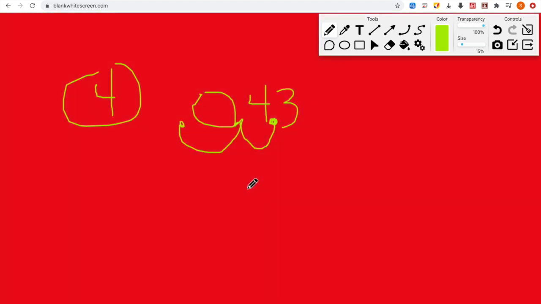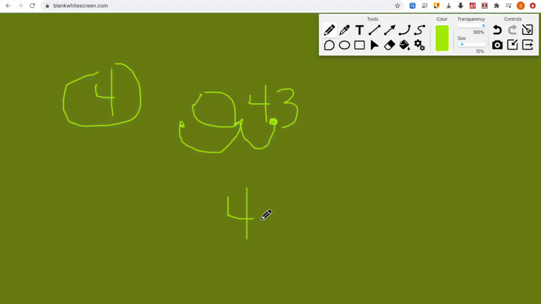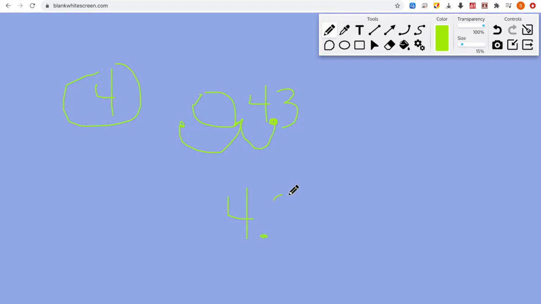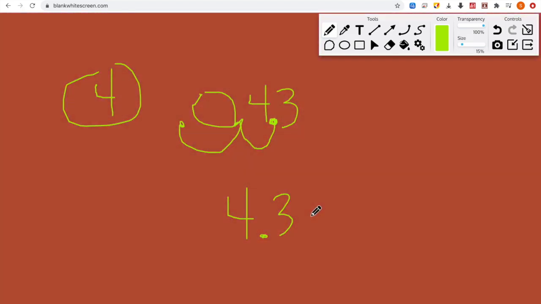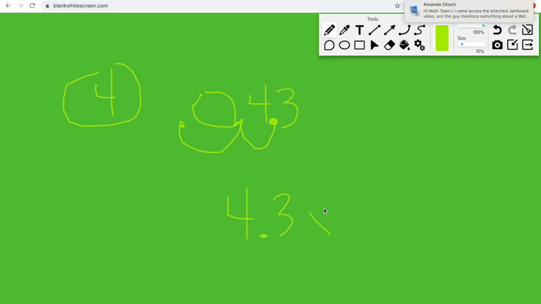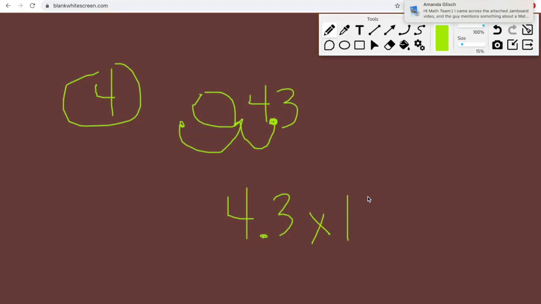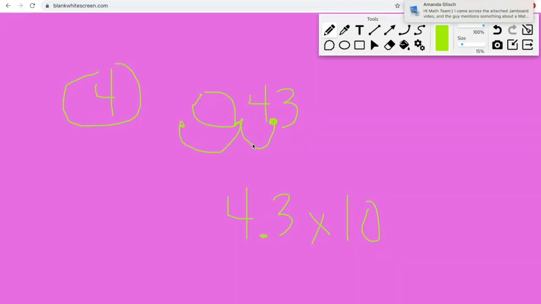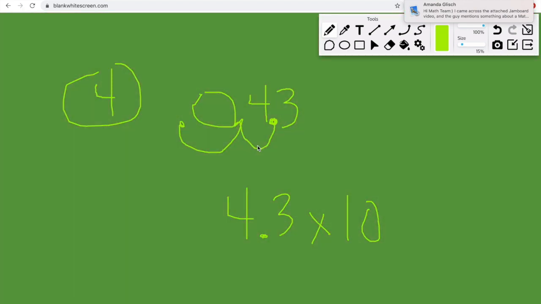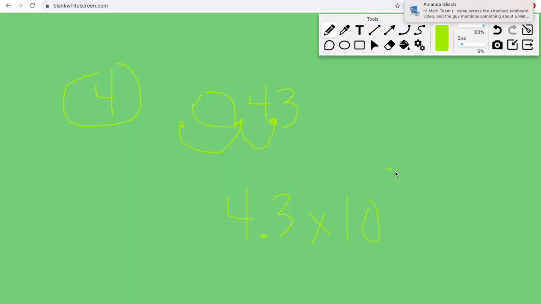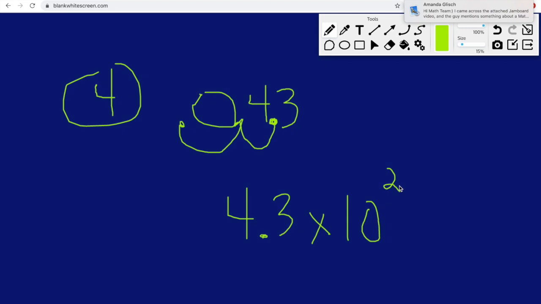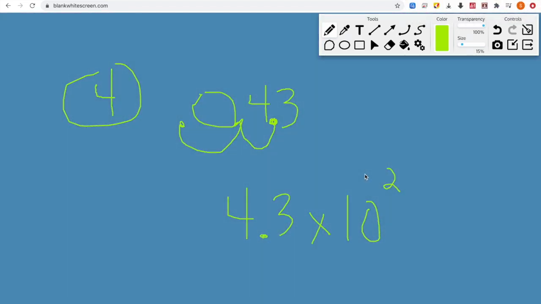Now the number in front of the decimal is between 1 and 10. So once again, I'm going to rewrite it. I have 4.3 times 10. I moved it over 1 space, 2 spaces. Because I'm going from decimal form to scientific notation and I went to the right, I have a negative exponent.